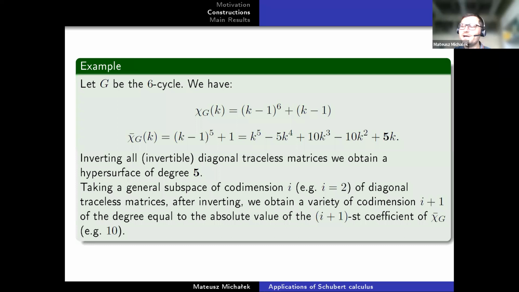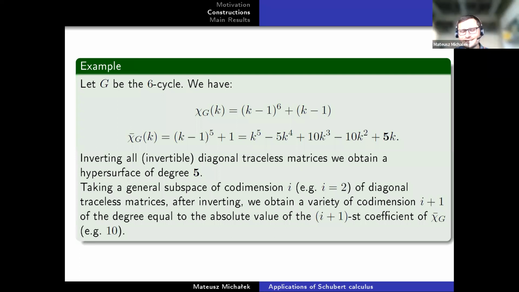Any questions about that? If you want to know, for example, what's the 10, this is what you would have to do. You have to take your 6 by 6 traceless diagonal matrices, and you have to intersect them with a general hyperplane. So this will be now a codimension 2 linear space.